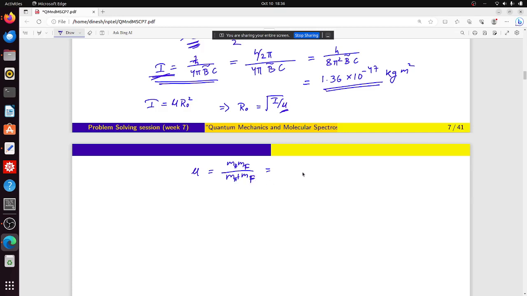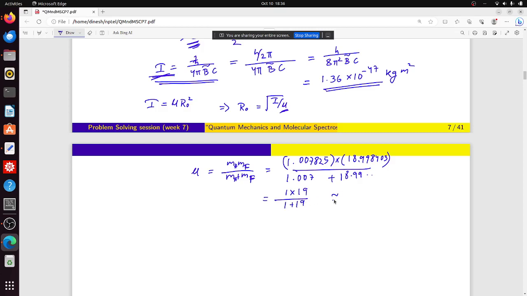Okay, so in atomic mass unit, this is 1.007825 times 18.99843 divided by 1.007825 plus 18.99843, or you can approximately take it to be 1 times 19 divided by 1 plus 19.